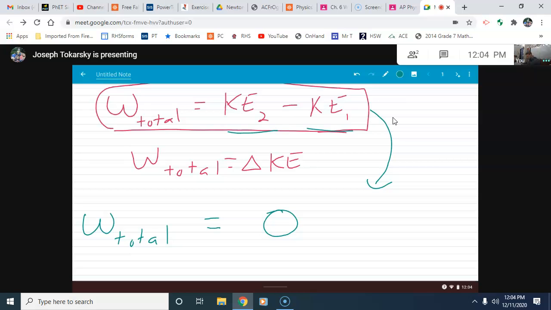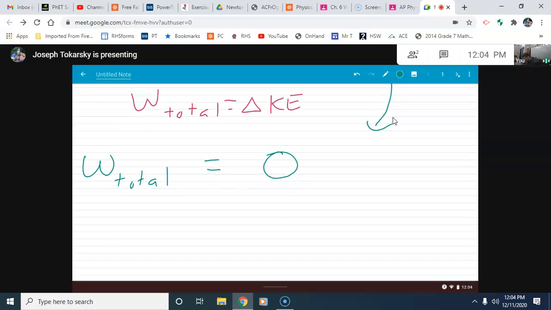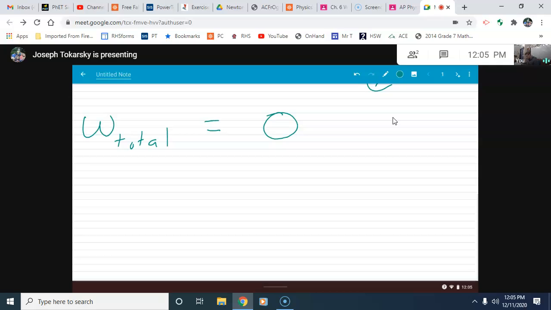0 joules. And you might say, well, how is it equal to 0 joules? There's work being done, right? Yeah, there is, but there's work being done by the person, okay? And the work total for this example of pushing the crate with friction is the work of the person, I'll just put work P, plus the work of friction, right? And that equals 0.